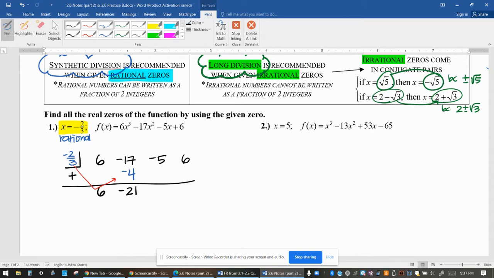Now you're going to multiply negative 2/3 times negative 21. That'll give you positive 14, and then you're going to add the negative 5 plus 14. Gives you 9, and then negative 2/3 times 9 gives you negative 6. So the remainder is 0.